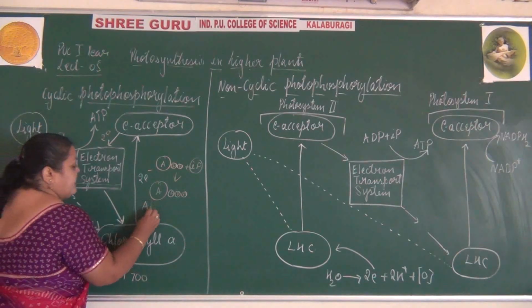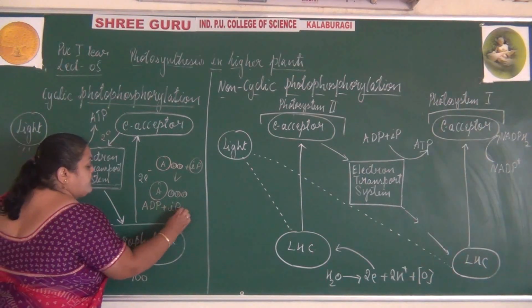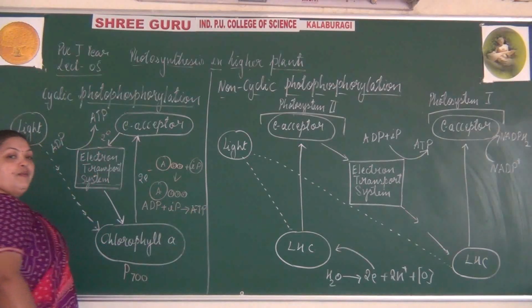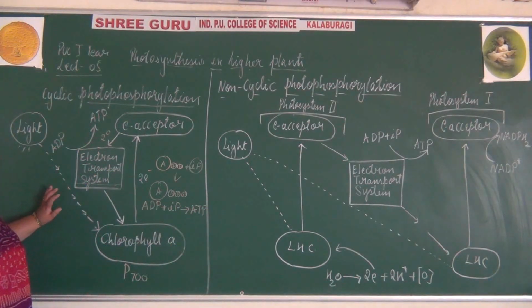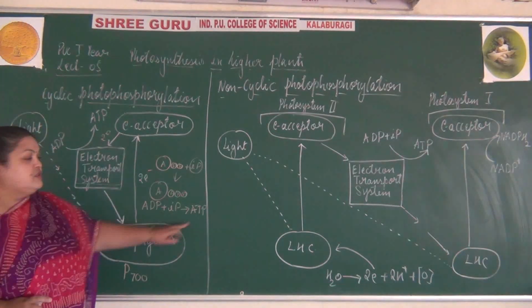So here the adenosine diphosphate combines with inorganic phosphate to form ATP. So in this process of cyclic photophosphorylation, there is synthesis of ATP molecules.